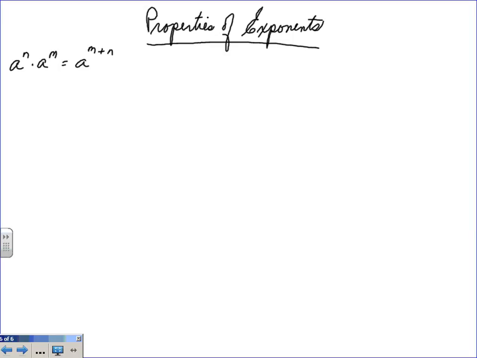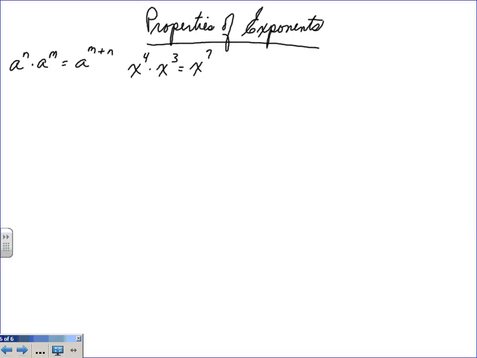What that means is, if I have x to the fourth times x to the third, that's going to equal x to the 4 plus 3, or simply x to the 7th. We don't multiply those exponents. We simply add them. All right?